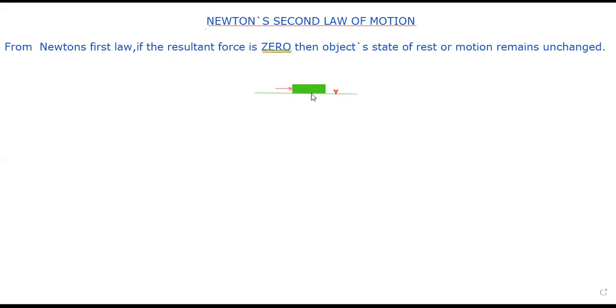So for this object to experience motion or an acceleration, there should be a resultant force, and this object will move in the direction of that resultant force.